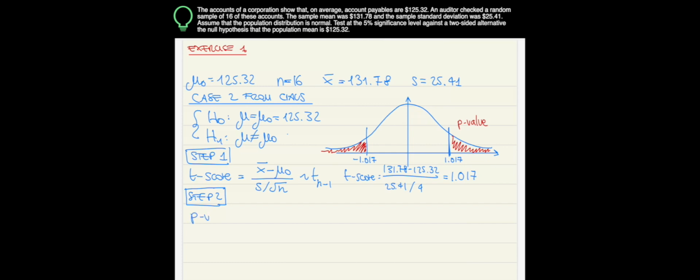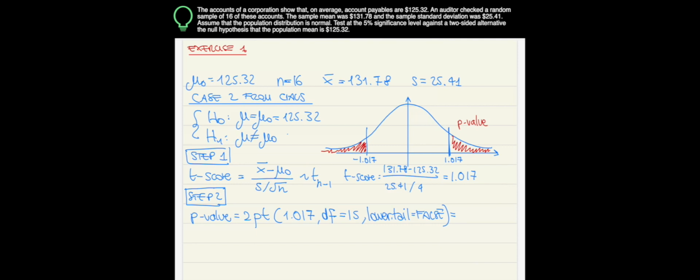So the p-value in this case is 2 times, because there are two tails, pt of 1.017 with degrees of freedom n minus 1, so it's 15, and lower tail equal false.